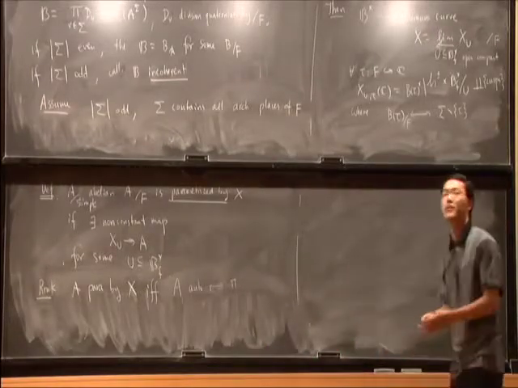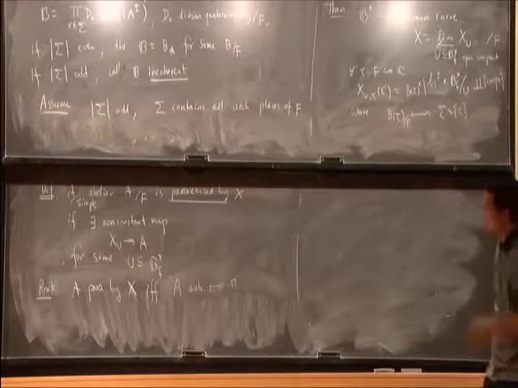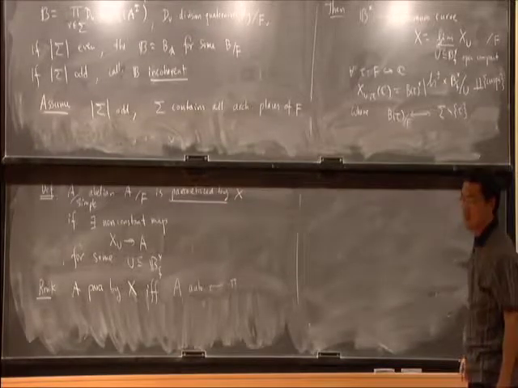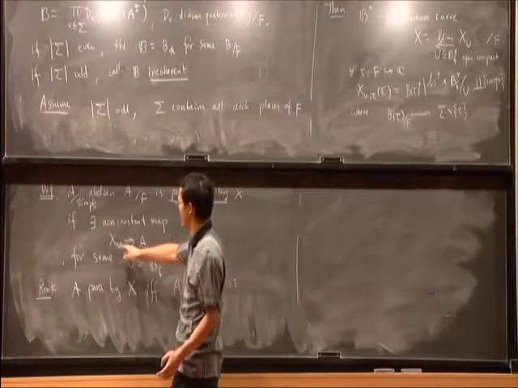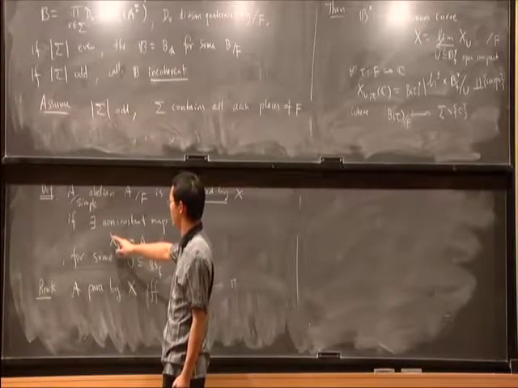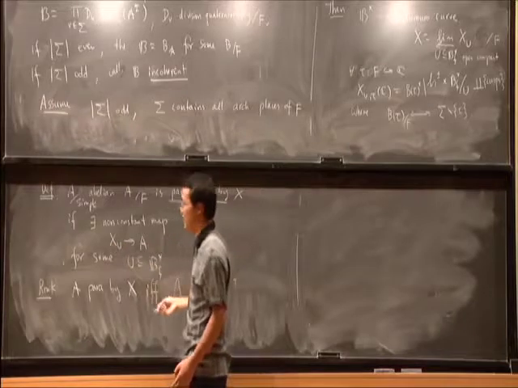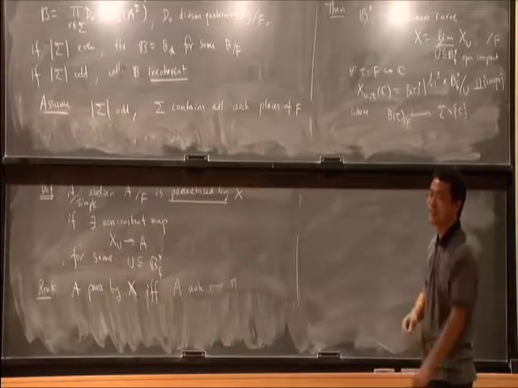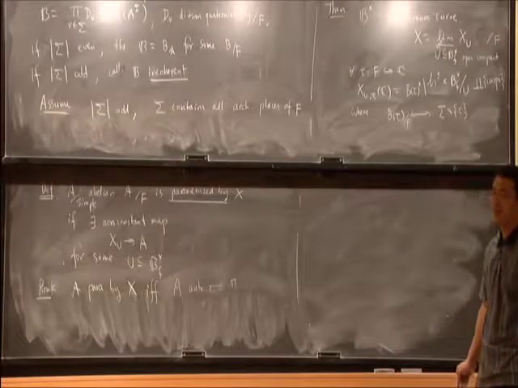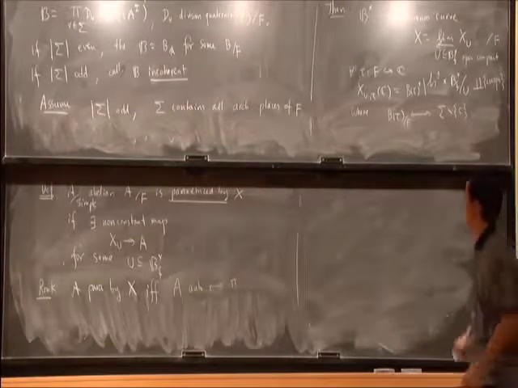So you want A to be cut out in the Jacobian by some Hecke operators? Yes, in some sense. As a quotient of the Jacobian by Hecke operators. And so it could be with multiplication by some real field, for instance. Yes.